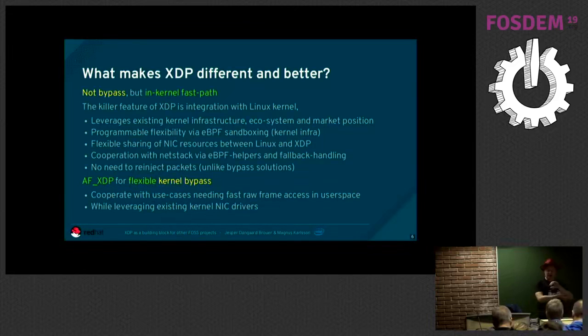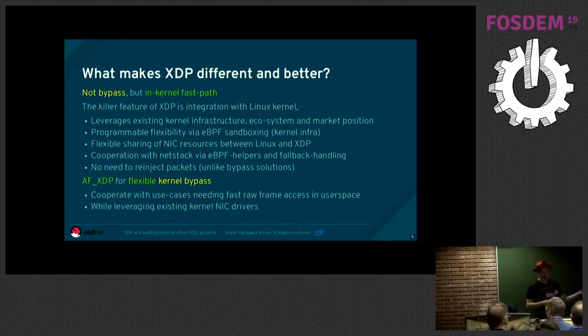We also have sandboxing by the eBPF code, where we get a lot of flexibility: you don't have to recompile your kernel, but you can put in snippets of code that do just what you need without adding too many instructions. It's also an important design criterion that we have very flexible sharing of the NIC, so we can pick and choose whether a packet travels into the network stack or we do something else with this packet.